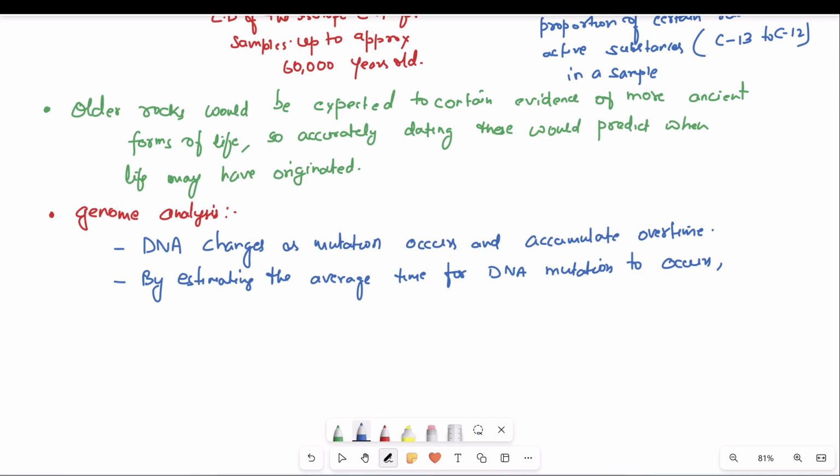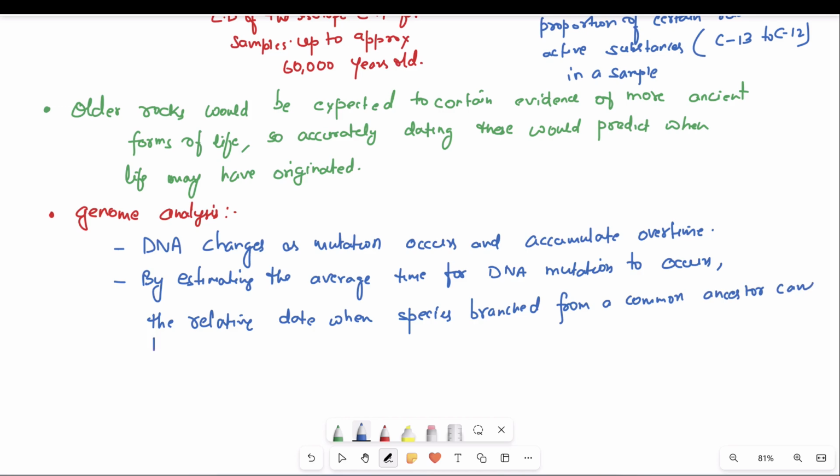So you can say that the relative date when species branched from a common ancestor can be determined based on the number of mutations that have affected it.